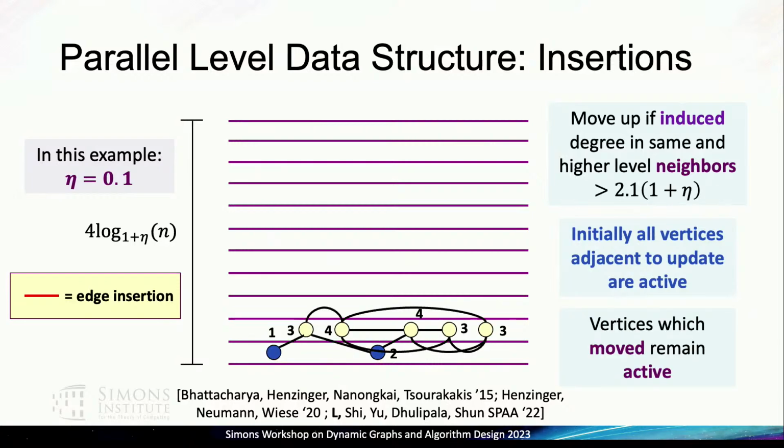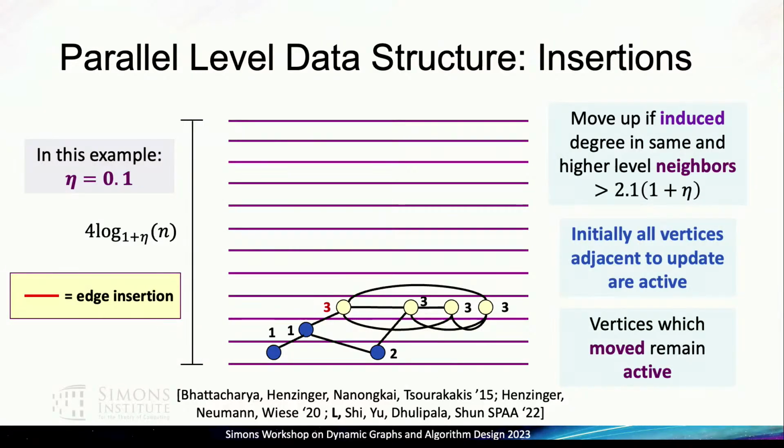So this set of vertices moves up. Vertices which move up remain active. Vertices which did not move up become inactive. Once you've moved up the vertices, you find the new induced degree for the new active vertices, and you keep moving them up if they exceed this threshold.